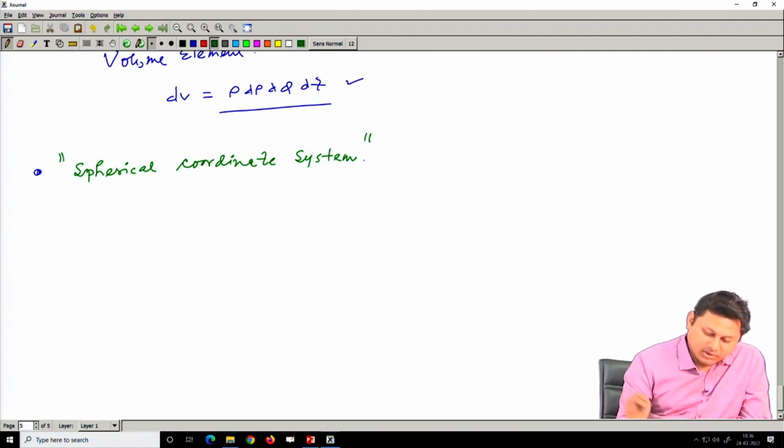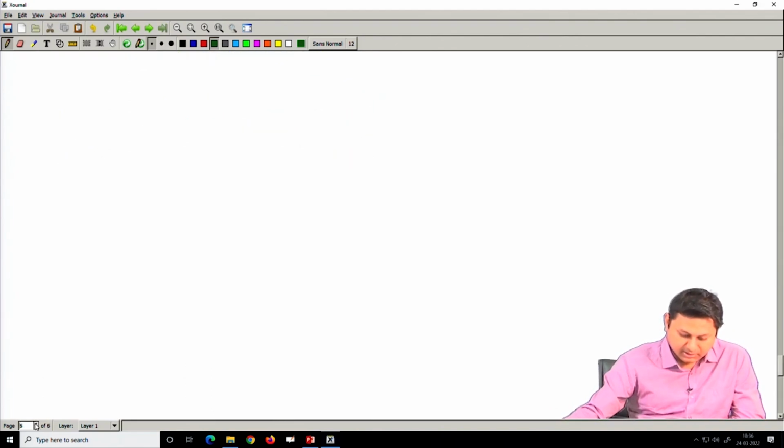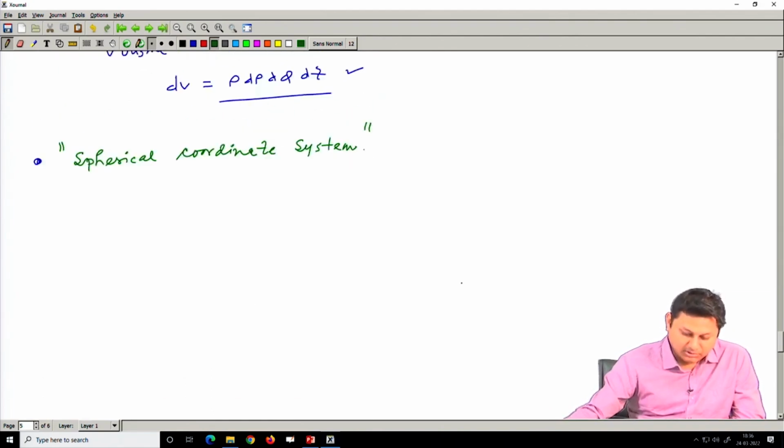For the spherical coordinate system, we need to figure out all these three, and again the drawing is important.